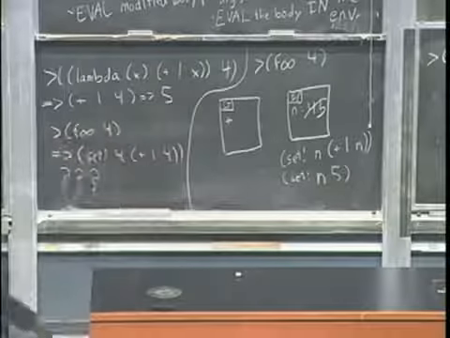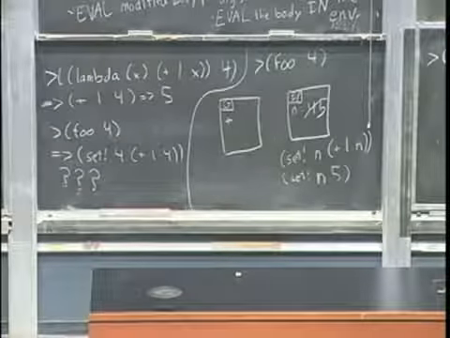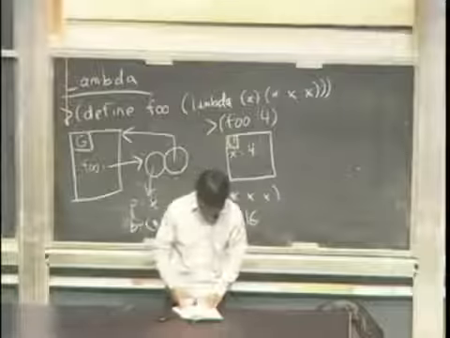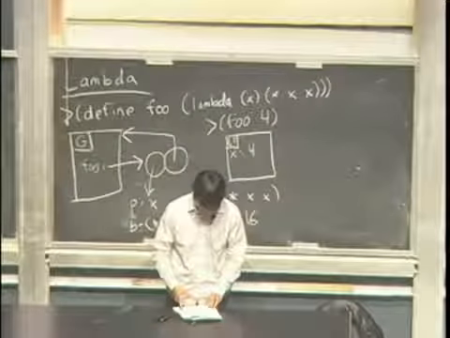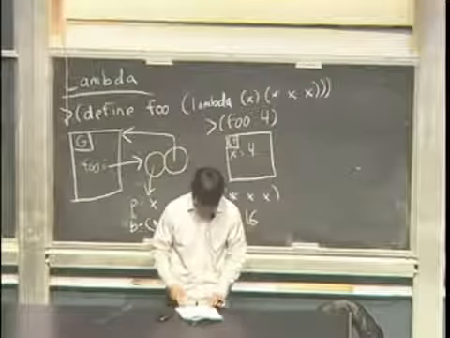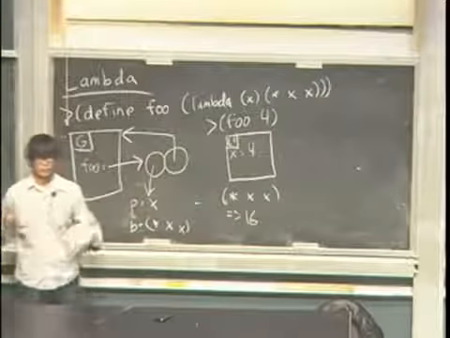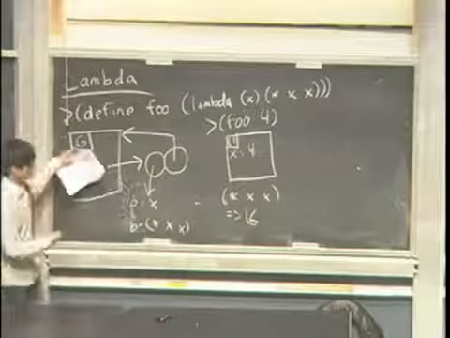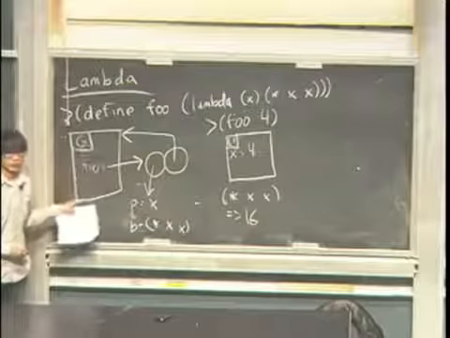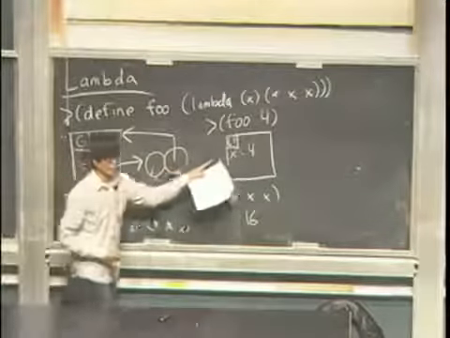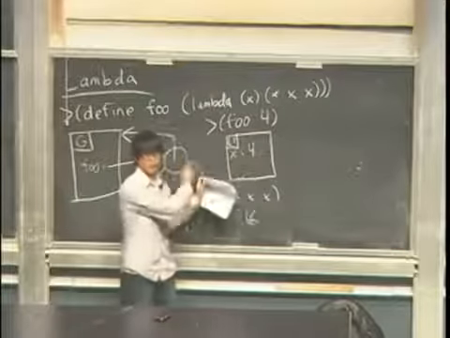Okie doke. So back here. Some of you might have noticed a slight problem. Remember that I said all the primitives were only defined in the global environment. I did not say that when we create a new environment they're copied over.